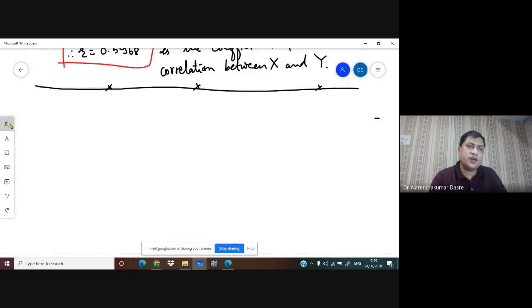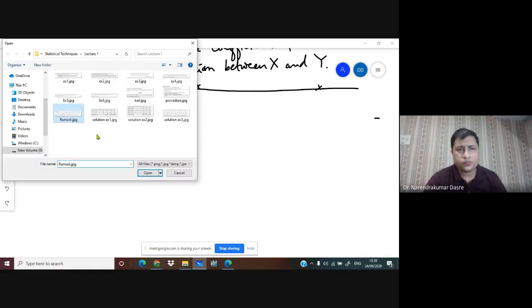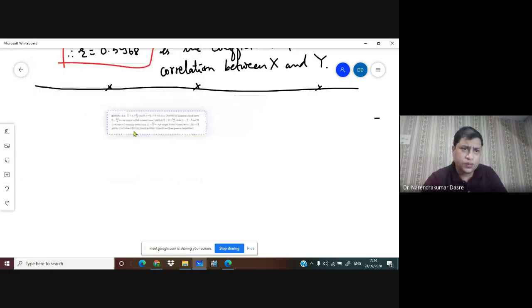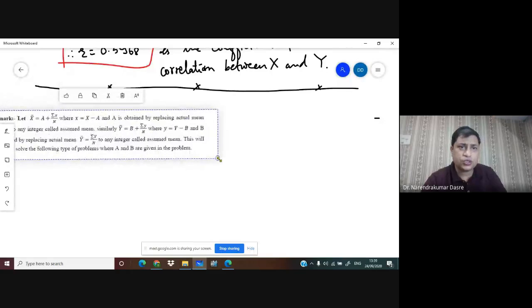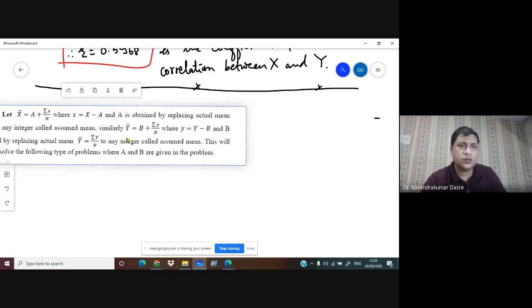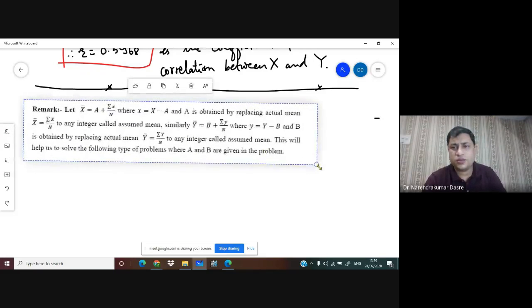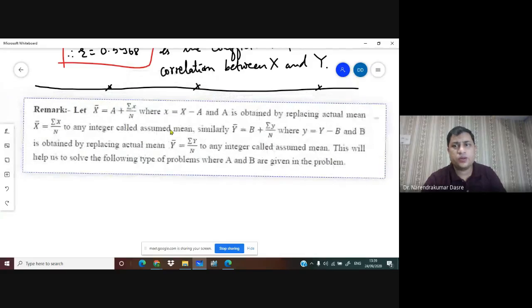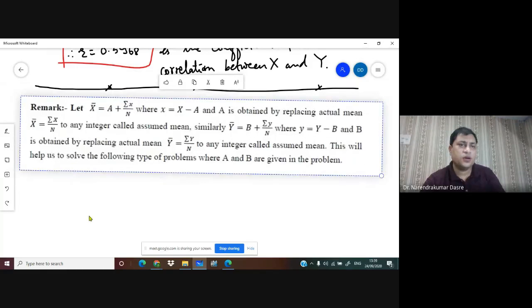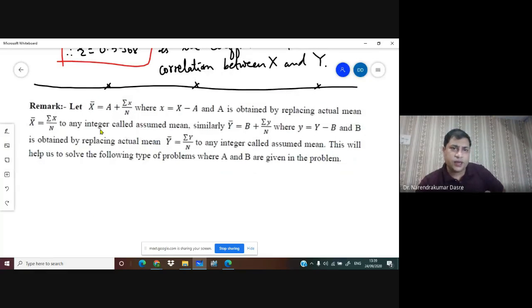So before that, we need to understand one remark. Please write this remark. So it will help you to solve the next problems. Okay, write down this remark.